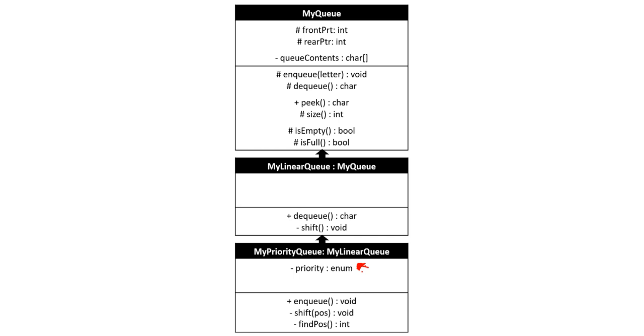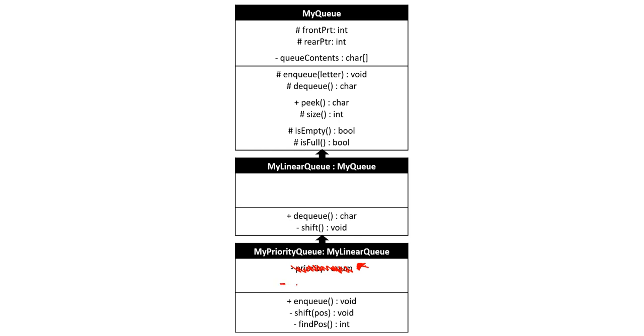Got an enum for priority, and just thought we're going to probably have to have that separate, because we don't want the priority for the entire queue. We want the priority for each of the queue's contents.